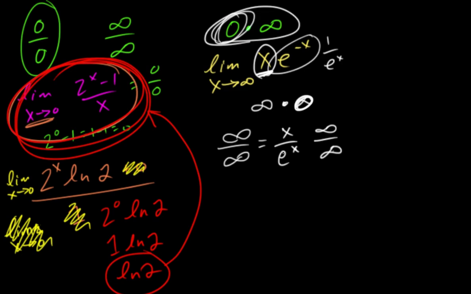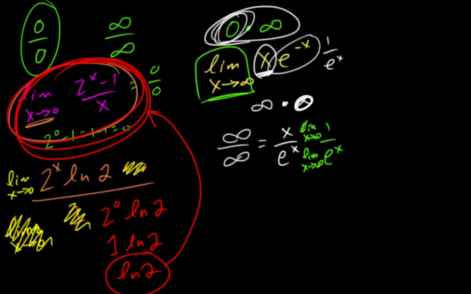Okay, now we need to take the derivative of the top and the bottom. The derivative of the top is just 1. The derivative of the bottom is e to the x. And so we take the limit of each of them: the limit as x approaches infinity, limit as x approaches infinity.